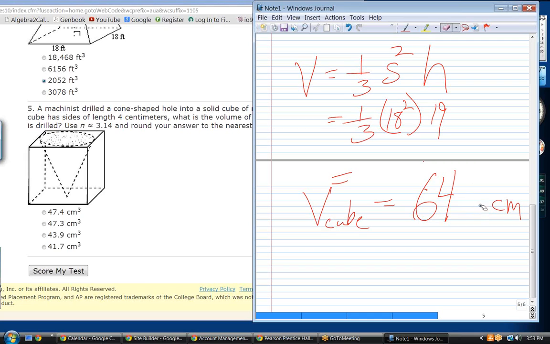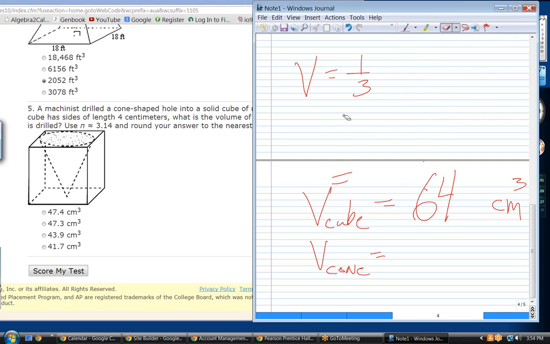All right. Now we need to figure out the volume of the cone, because we're going to subtract that. To get the volume of the remainder, we're going to subtract the volume of the cone. So the volume of a cone is once again what? 1/3 of the radius squared times pi. 1/3 pi r squared times h.